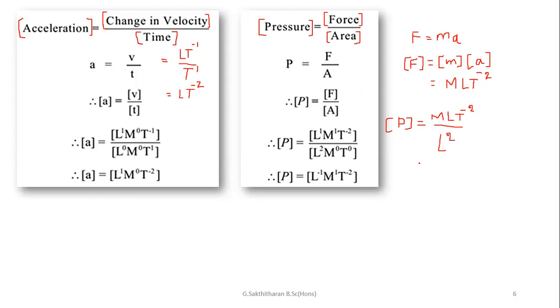So finally we can get the dimension of the pressure as M L minus 1, sorry. This L square goes to the upside, so this one is L to the power minus 2, here L to the power 1. So finally we get L to the power minus 1 and T minus 2. Right? So the dimension of the pressure is equal to M L minus 1 T minus 2.